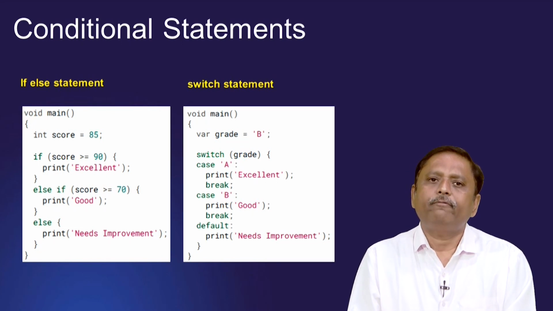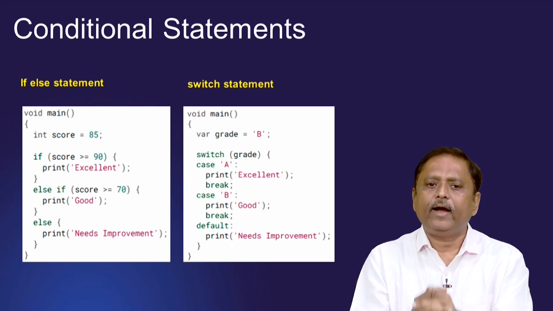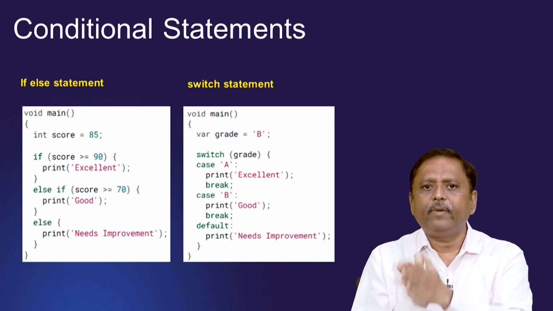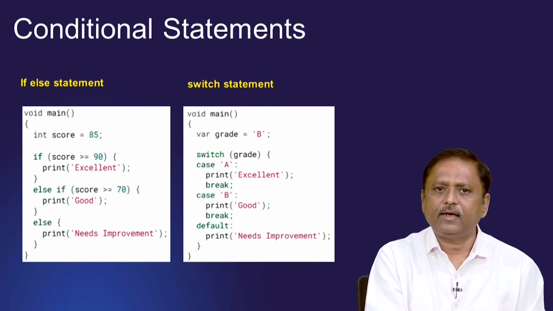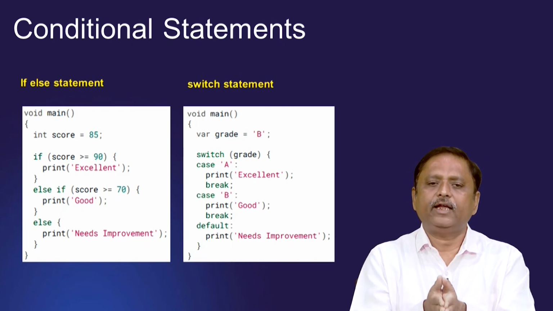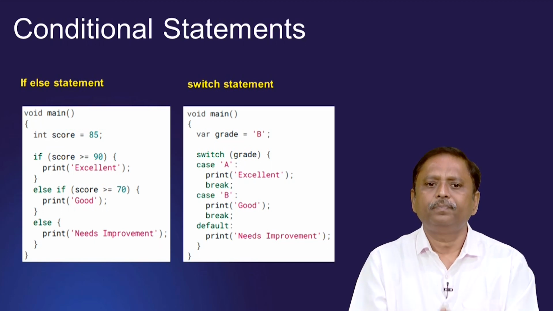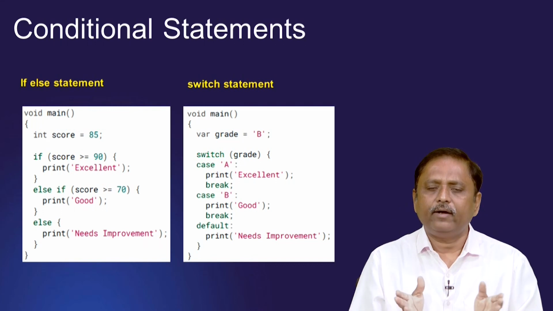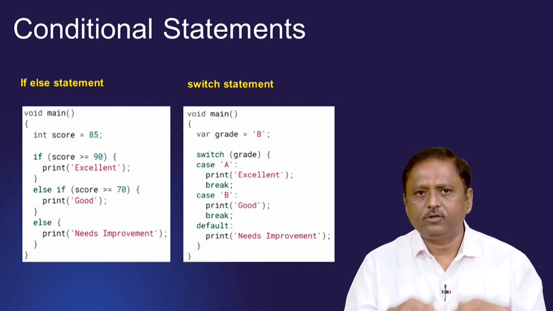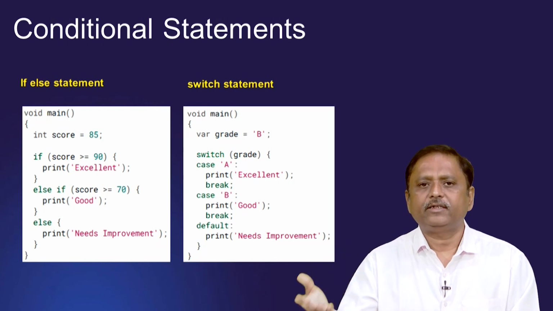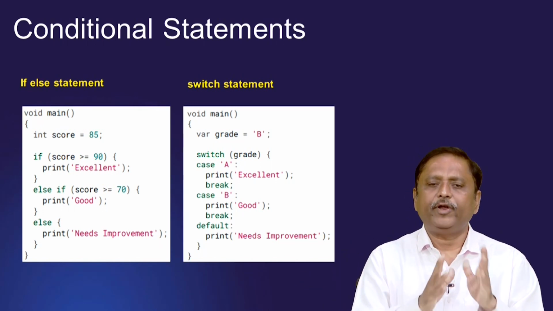So, if variable value grade is A, then case A is executed, and using break it terminates that case and comes after switch statement. If case B is true, then that case is executed, and using break it will jump out of switch statement and start executing very next statement written after switch.